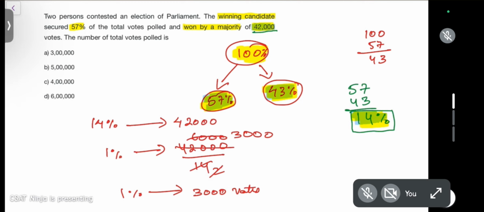We need the total votes, which is 100%. So 1% is this, that means 100% is how much? We just need to multiply it by 100. So 3 lakh votes. So the answer is this one. Clear with this?